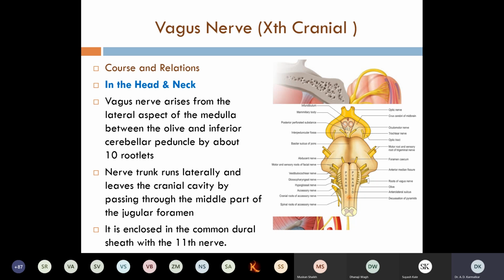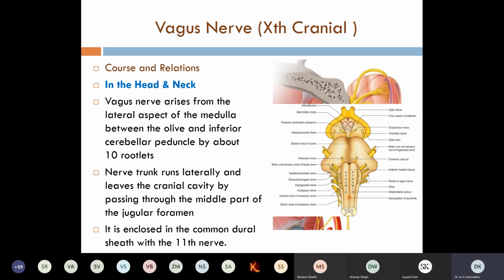Now if you see this 10th cranial nerve, that is the vagus nerve, it arises from the posterolateral sulcus between the olive anteriorly and the inferior cerebellar peduncle posteriorly. There are rootlets. As these rootlets go laterally, they join to form a trunk, and that will come to the medial part of the jugular foramen.